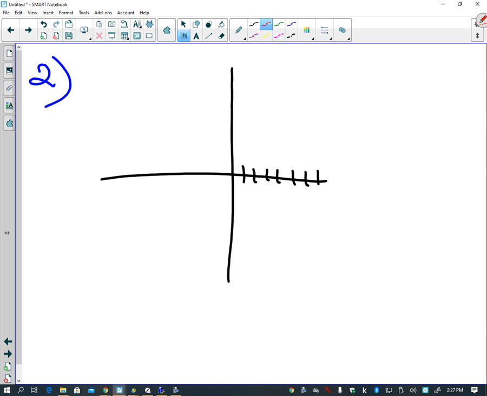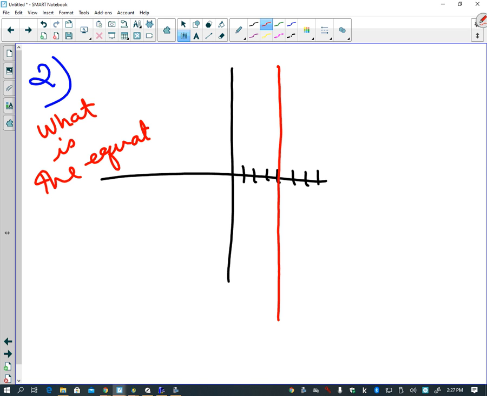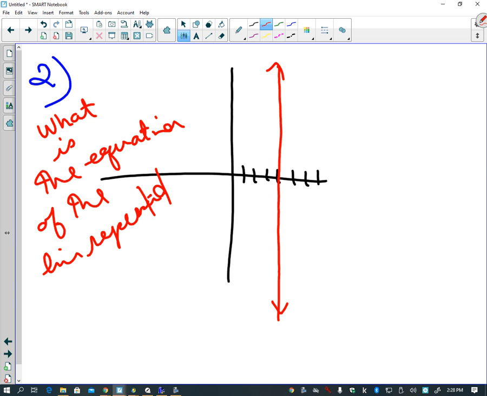Okay, what is the equation of the line represented in the graph?